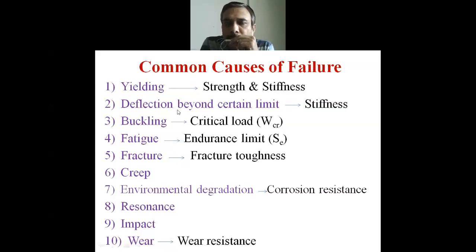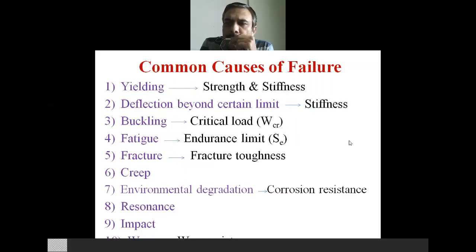Generally, a shaft rotating at very high speed deflects, and along with yielding failure, you need to check the deflection of that component, and that should be within permissible limits. Components like drilling shafts, shafts rotating at high speeds, turbine blades, and the wings of the aircraft, you have to see that the deflection is within permissible limits so that the component is not failing against deflection.